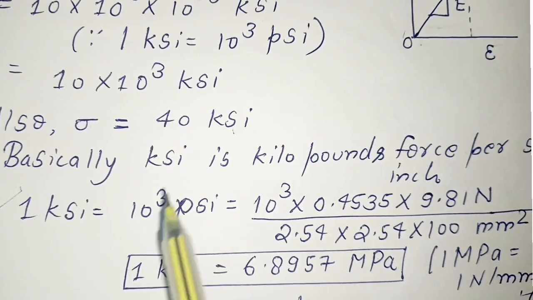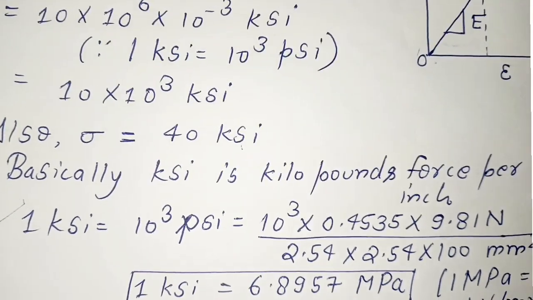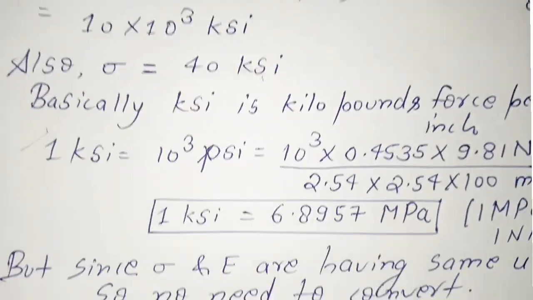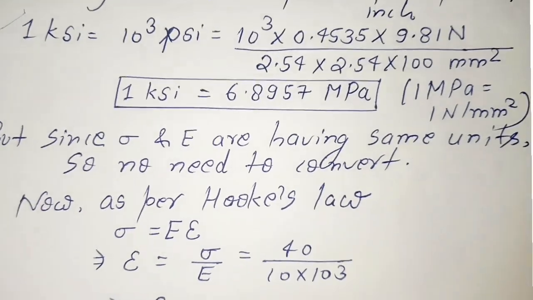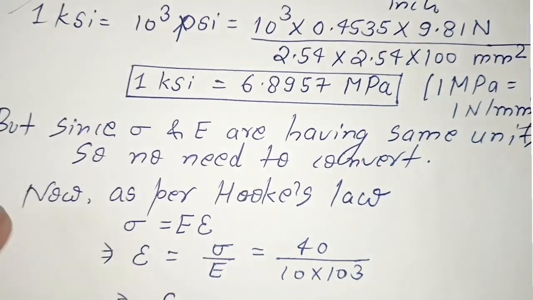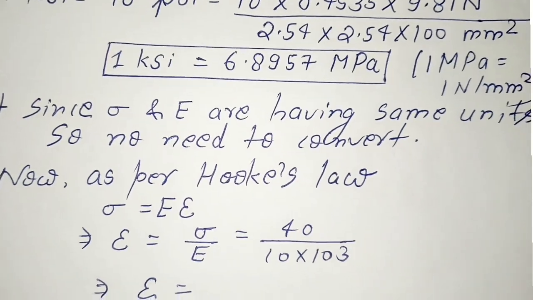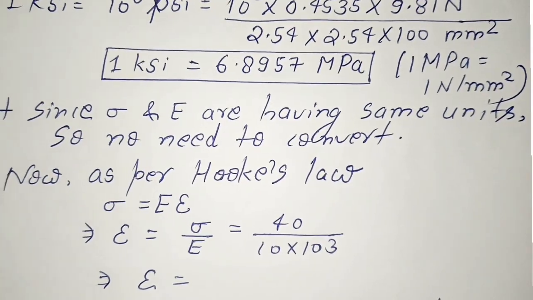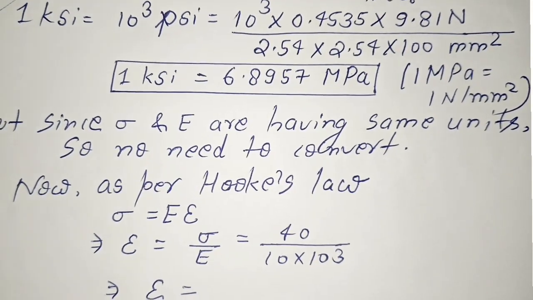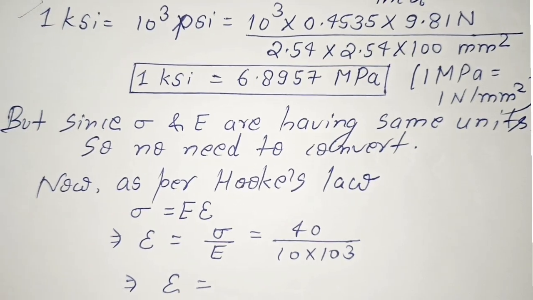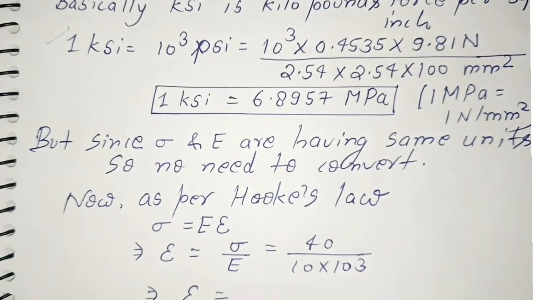Okay, because solution में तो KSI में ही converted है units, तो वहाँ पे cancel हो जा रही है. जो मैंने अभी बोला वर्बली, उसको मैंने यहाँ पे नोट भी कर रखा है कि सिंस सिग्मा एंड E आर हैविंग द सेम यूनिट्स KSI, सो देयर इज नो नीड टू कन्वर्ट देम इनटू मेगा पास्कल्स बिकॉज़ इट विल मेक द कैलकुलेशन लेबोरियस एंड टाइम टेकिंग, सो नो नीड टू डू दैट एट ऑल.